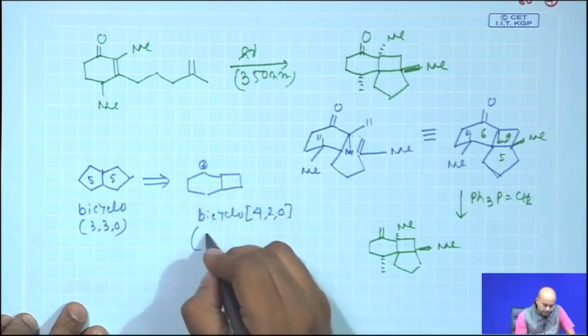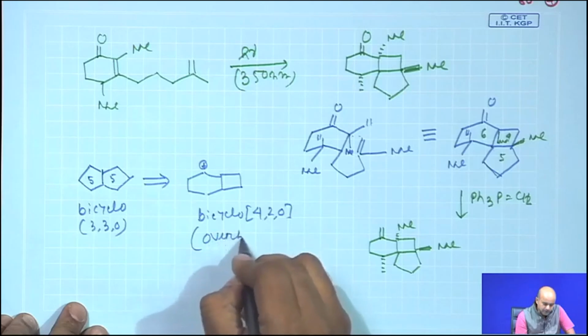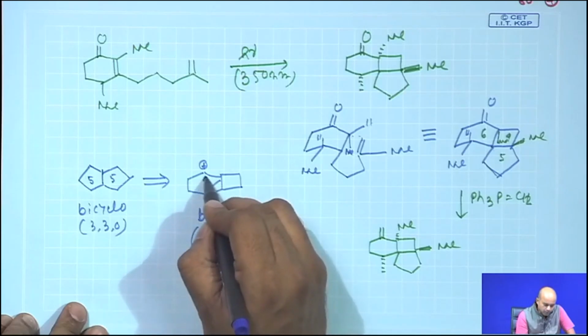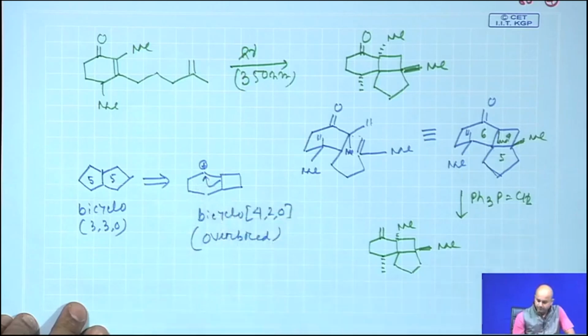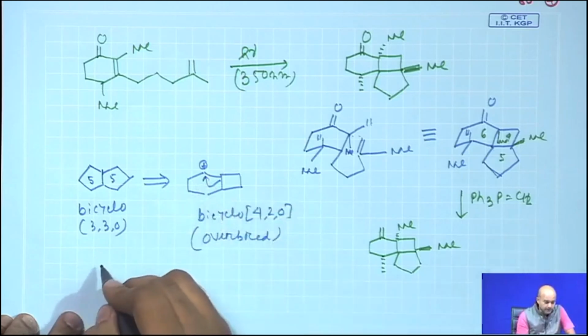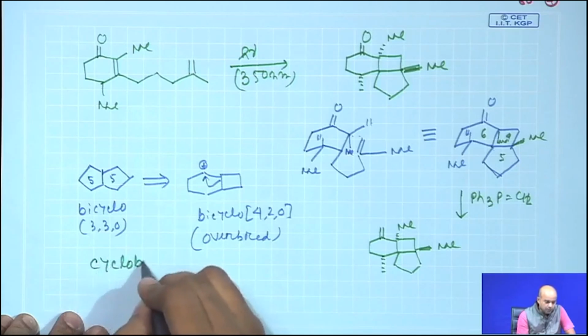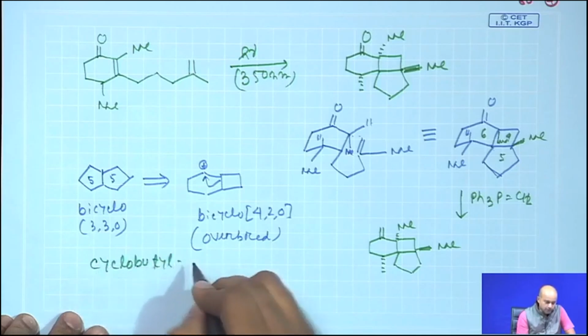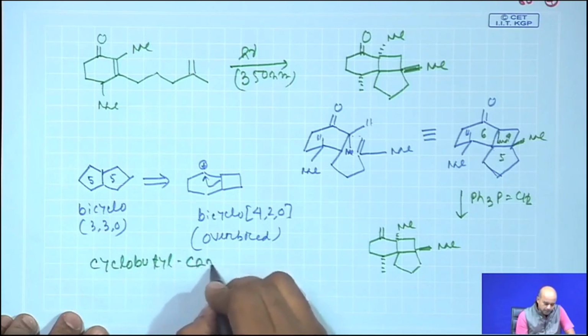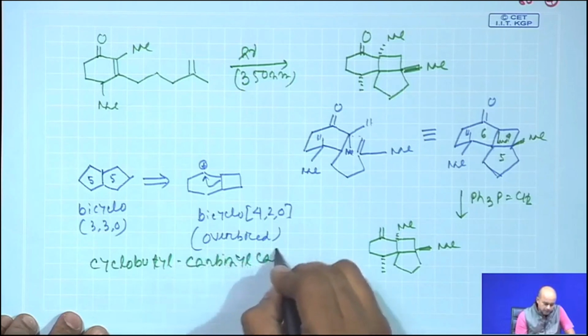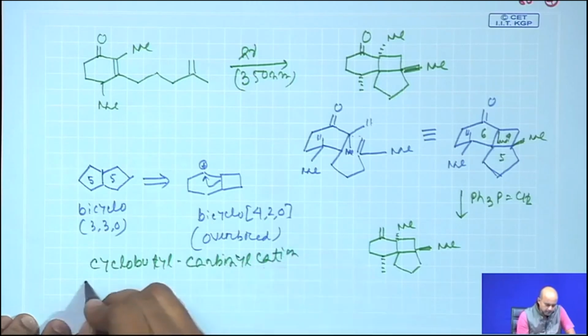So, this is bridged and has a strained 4-membered ring, so it will undergo a 1,2-rearrangement. This particular rearrangement is sometimes referred to as the cyclobutylcarbinyl cation rearrangement.